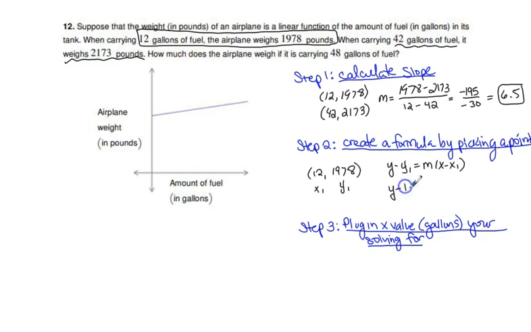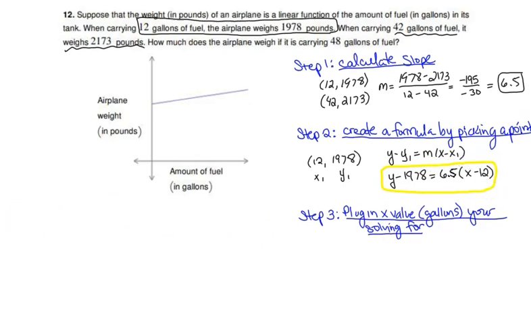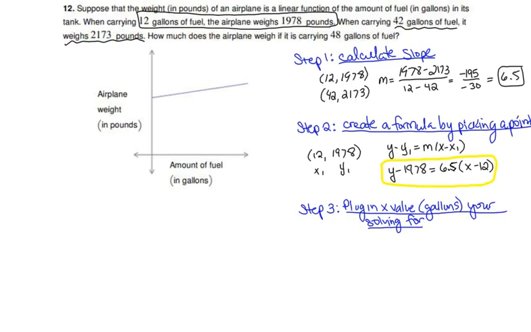Y minus 1978 equals 6.5, it's supposed to be a 5, x minus 12. So this is actually the formula that we're going to use to solve the question. Right there. Okay, good.